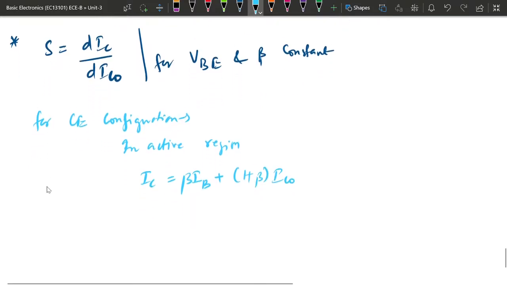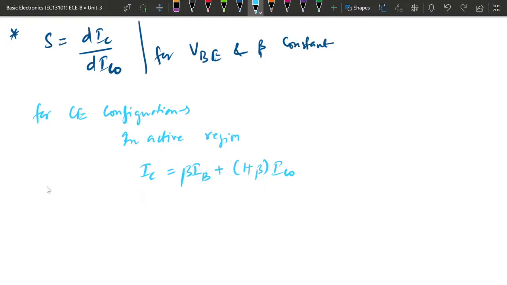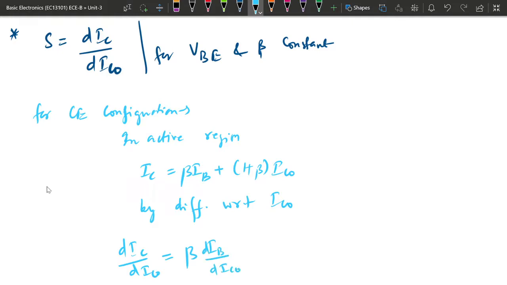Okay, so if we need to find out S, then we will be differentiating this complete equation with respect to ICO. So we get DIC divided by DICO equals beta times DIB divided by DICO. We don't know whether this IB depends on ICO or not, so we will just keep this term, and then plus 1 plus beta.